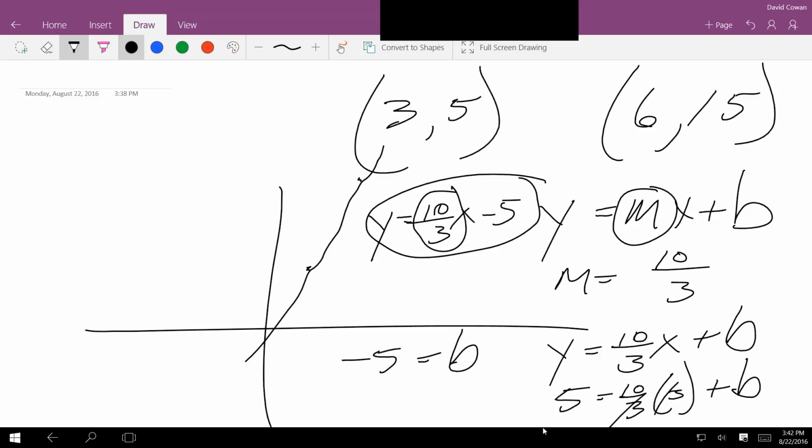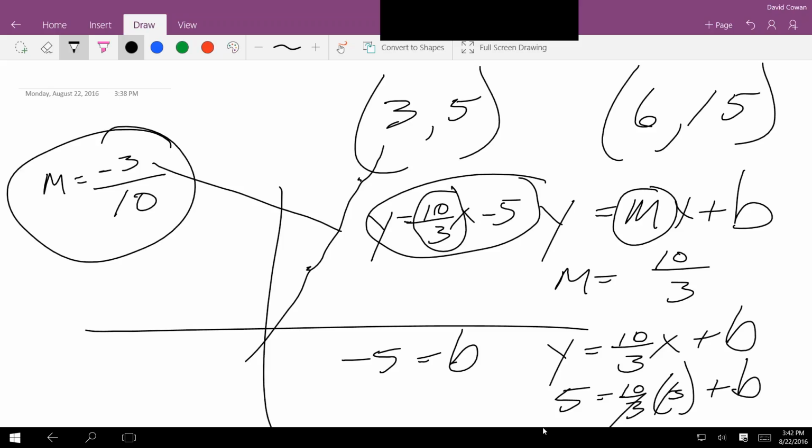In other words, a line that's like that. Negative 3 over 10x. What's the slope? Just negative 3 over 10. Remember that m is only the coefficient. It does not include the x. Okay?